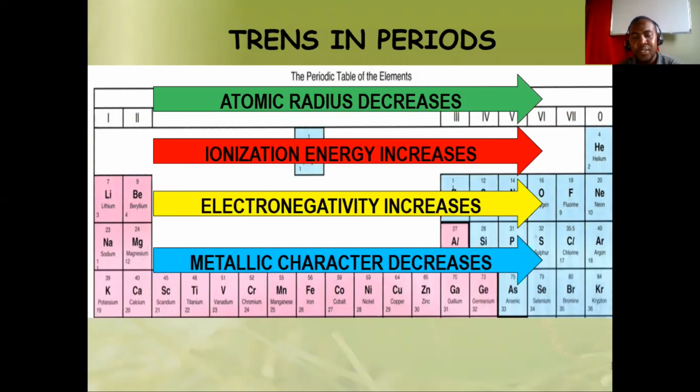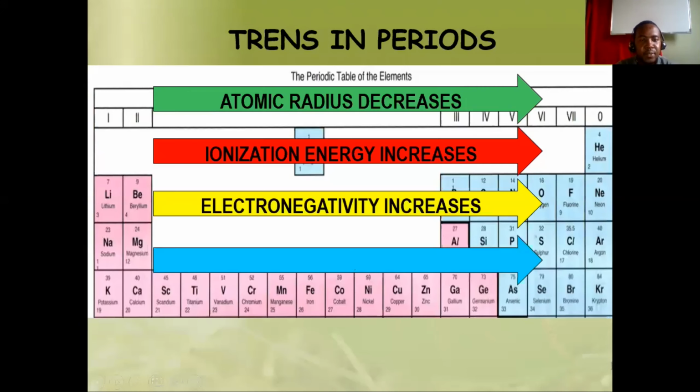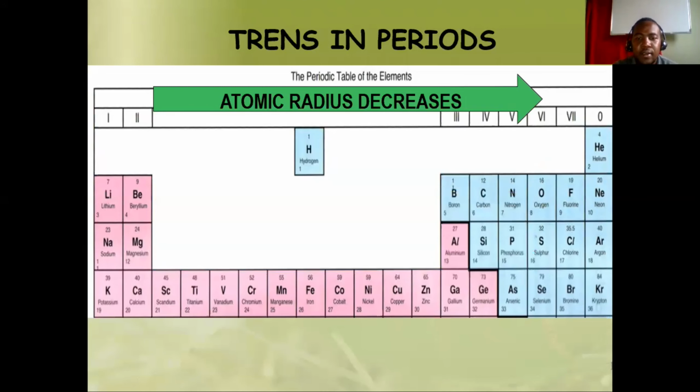All right, so state whether these are metals or non-metals. Cesium. All right, let's go back to the table and find cesium, which is Cs. All right, so it's a metal. It's in group 1.